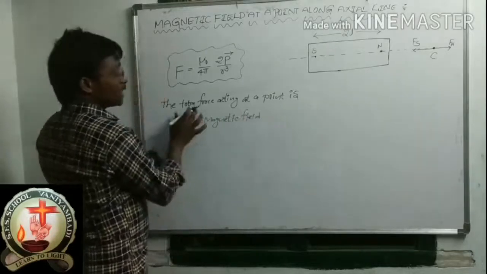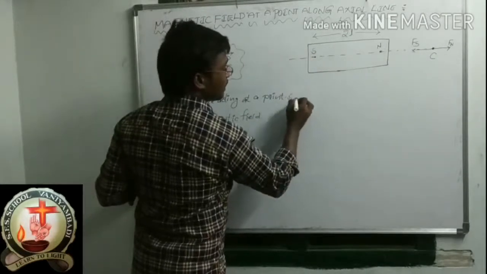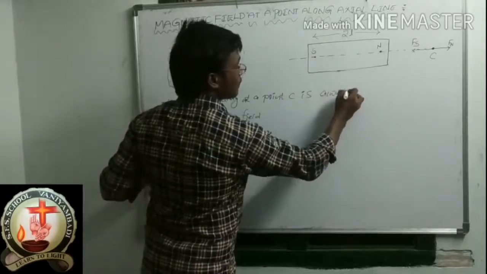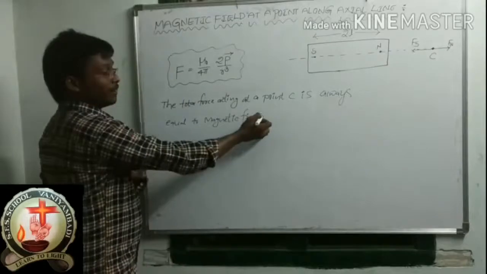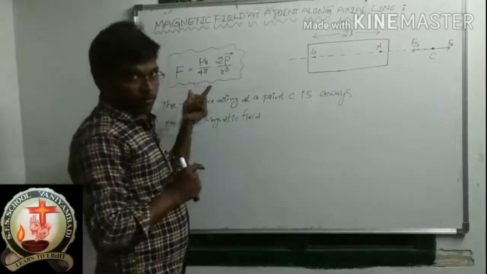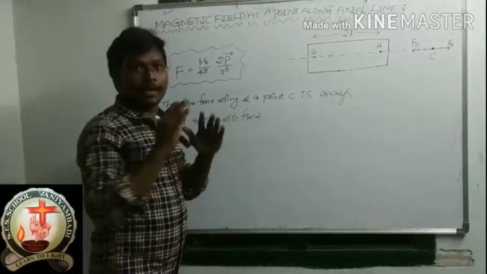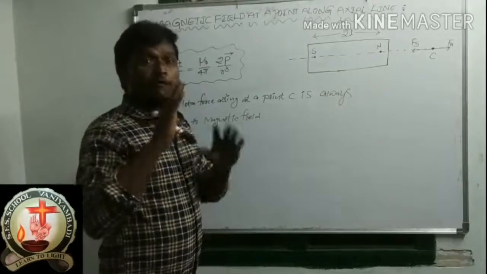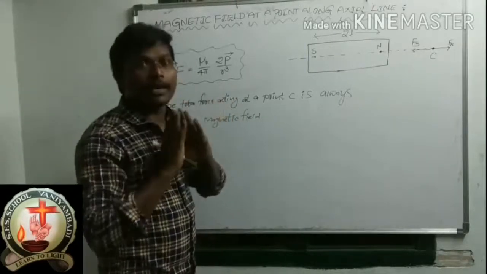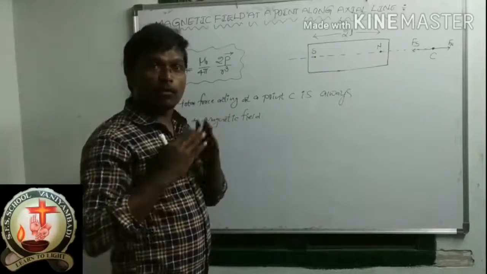Otherwise you can write, the total force acting at point C is always equal to the magnetic field. This is the total force, right? This is the standard step. You can remember it like this. The total force acting at a point is always equal to the magnetic field.